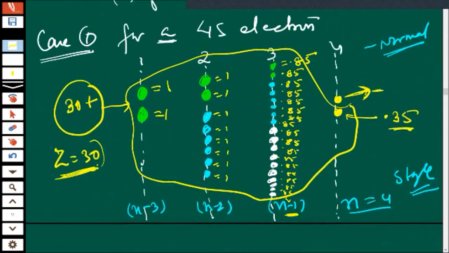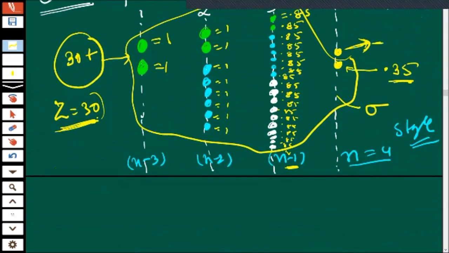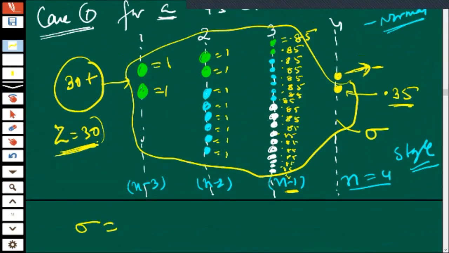Now let us calculate. The total value is known as the sigma value, the total protection. How many electrons are here? 2.